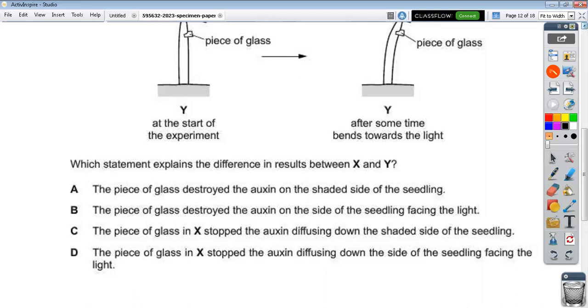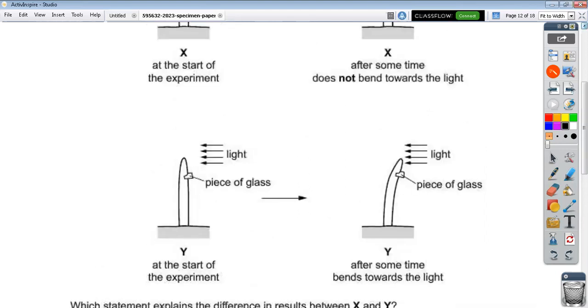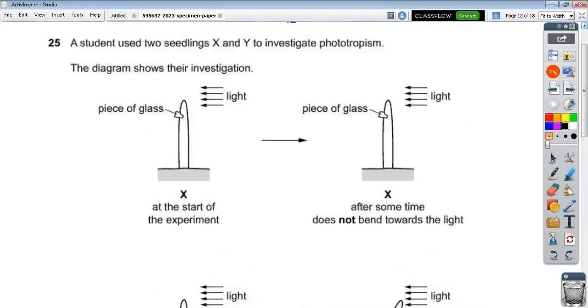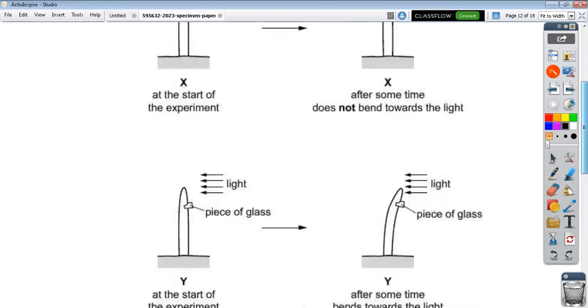Did you analyze it? Where is the glass here? Oh, I've got a piece of glass here. I didn't even see that. In the other one, there's no piece of glass. The piece of glass is on the other side.